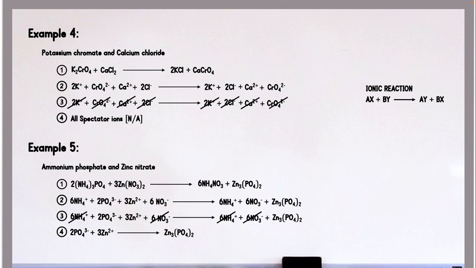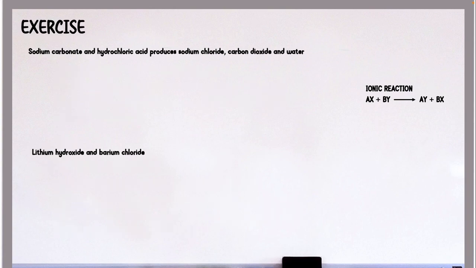And as I always do, I will give examples at the end of my video for you to solve. All right? So here you have it. So your exercise is sodium carbonate and hydrochloric acid produces sodium chloride, carbon dioxide, and water, and lithium hydroxide and barium chloride.